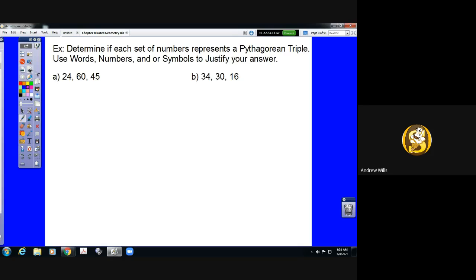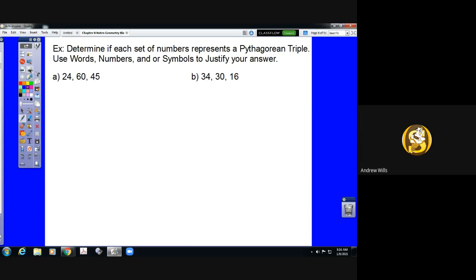About another 30 seconds to get both of those completed. And remember that you need to make sure that you're identifying the largest number as being C, and make sure that you are considering whether or not the numbers provided are integers, which has not been an issue so far.